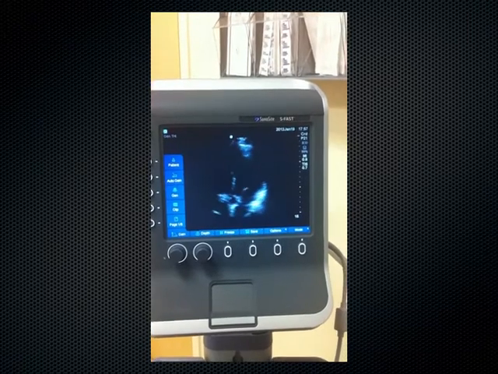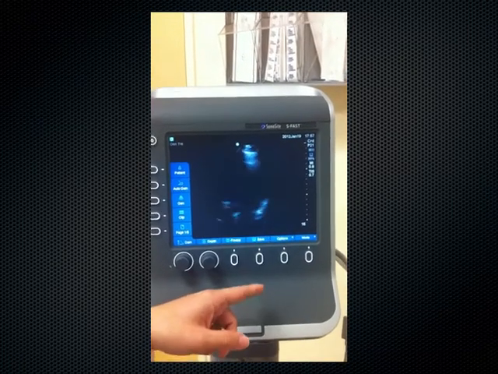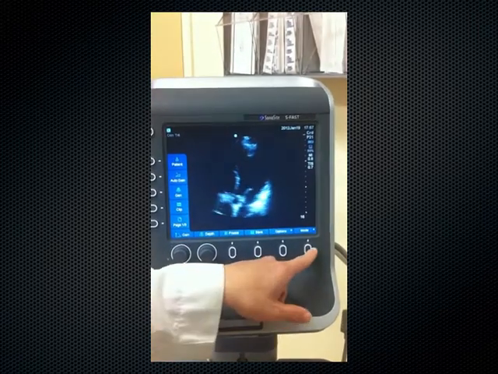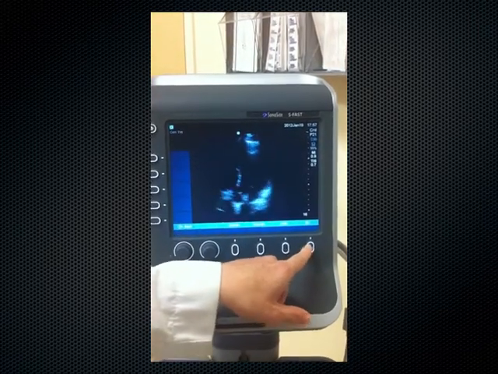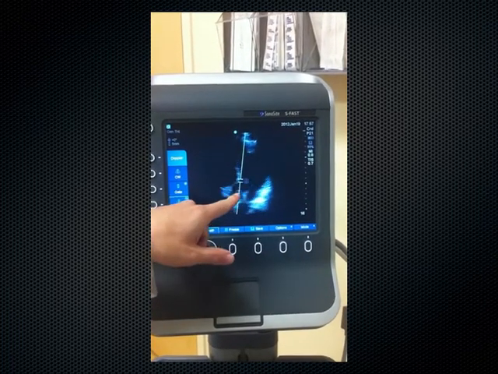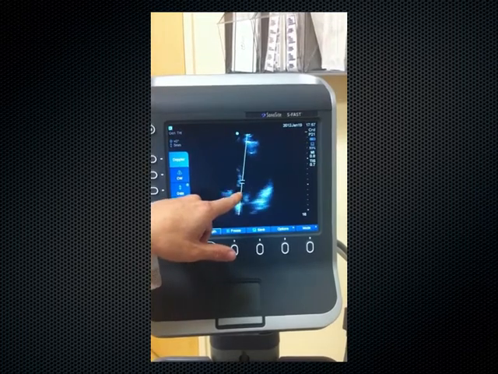Almost there. Perfect. Okay. So what we're going to do next is a pulse wave Doppler. So I'm going to hit the Doppler button on the fifth chamber of the heart. Remember, the fifth chamber is your actual aortic outflow tract, and this is your aortic valve right here.